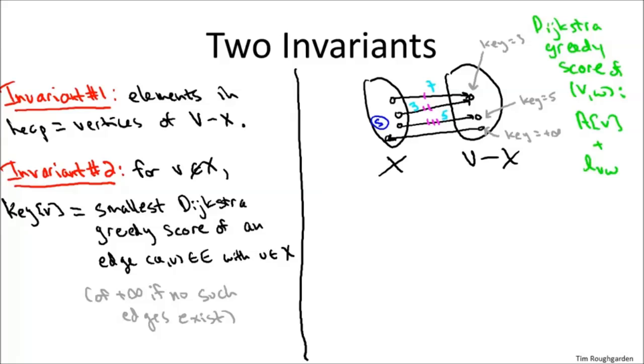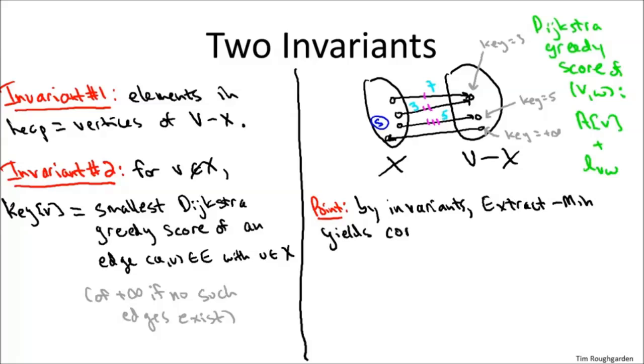Now when you extract min from the heap, that's in effect executing the second and final round of this knockout tournament. Each of the vertices of V minus X has proposed their local winner, and then the heap in an extract min just chooses the best of all of those local winners. So that's the final proposed vertex that comes out of the heap. The point is that if we can successfully maintain these two invariants, then when we extract min from this heap, we'll get exactly the correct vertex, W star, that we're supposed to add to the set capital X next.